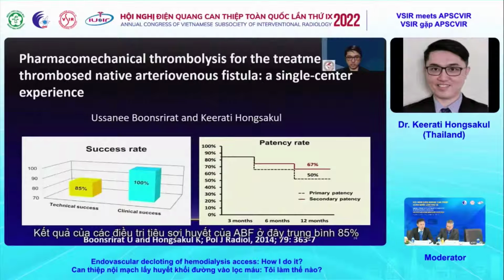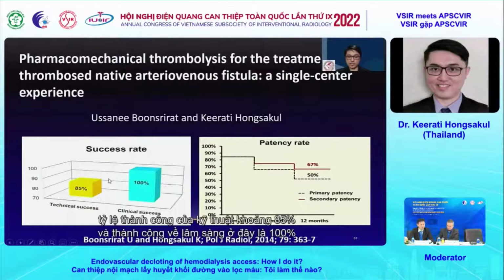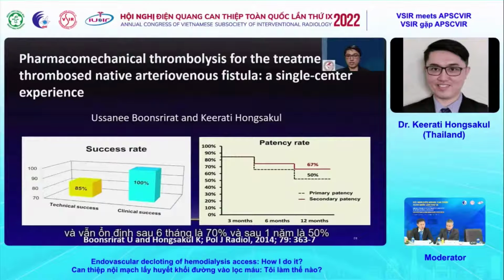And these are the results of thrombolysis of the AVF at our center. The technical success rate is around 85%, and the clinical success rate is around 100%. The primary patency rate at 6 months is around 70%, and at 1 year around 60%.